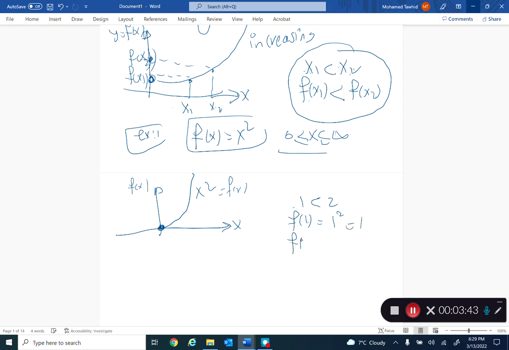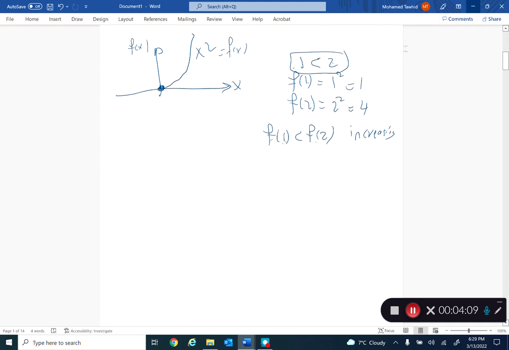What is f of 2? You have 2 squared, which is 4. So f of 1 is less than f of 2. As you can see, 1 is less than 2, and the value f at 1 is less than the value f at 2, which means this function is increasing.